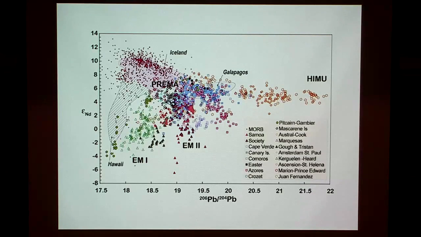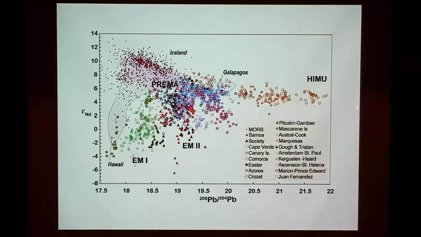Is there any reasoning to that, or is it just samples? Why is there such a large spread? Well, the short answer would be, I think in many cases, we're actually mixing something down here with something out here. I think most of these we can probably describe as mixing arrays.